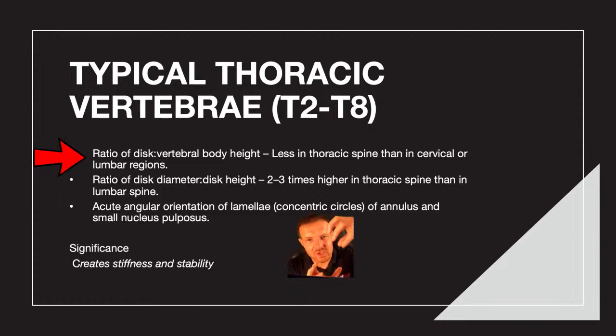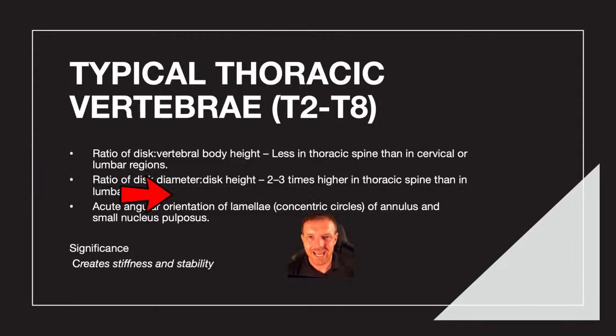Okay, there's not as much absorption in that region from the disc, and that kind of makes sense because of all of the structures around it and the load going through it, the available movement. Okay, so if you think about your neck, you've got lots of movement in your neck, and a lot of movement and a lot of load going through that lumbar spine, but the thoracics, because of the ribs and the shape of everything, there's a lot of stiffness in that region.